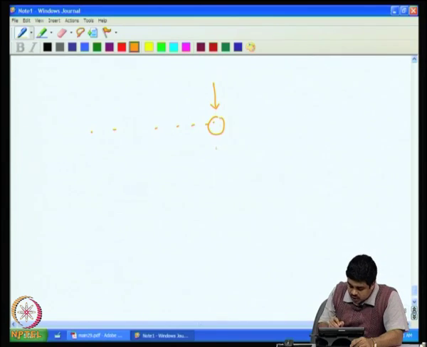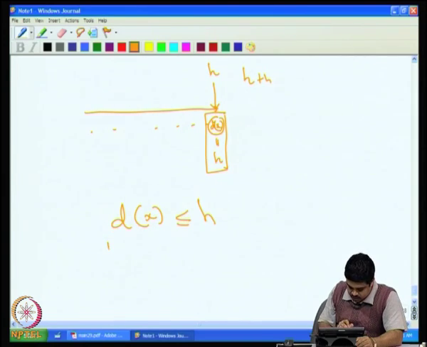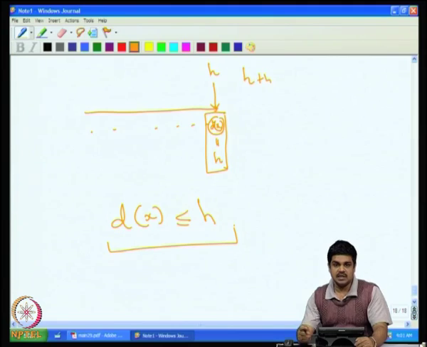So, when the actual d of x comes, it will be at least the hth number. This cannot be below h, since d of x equals h. When we write the number d of x here, that is h. So, already we are at the h position or even bigger. So, we can infer that d of x is less than or equal to h.